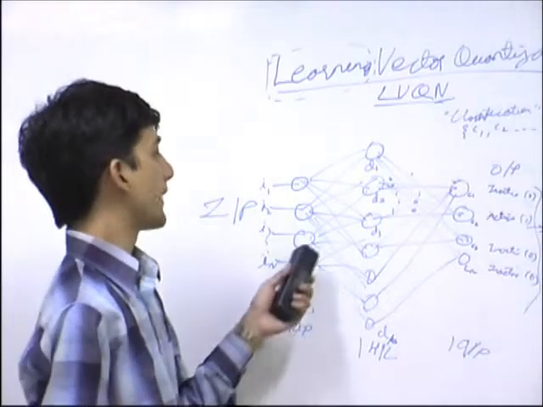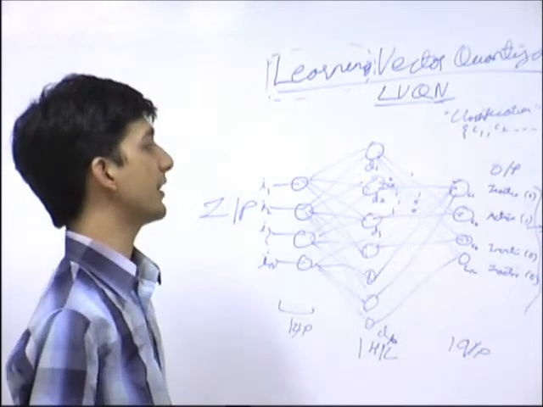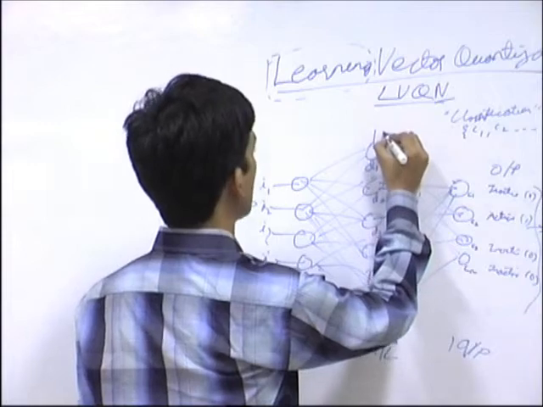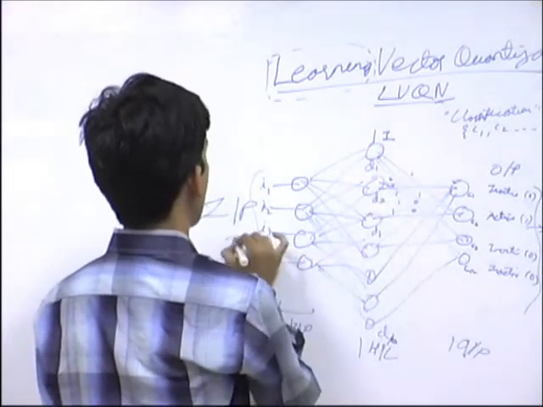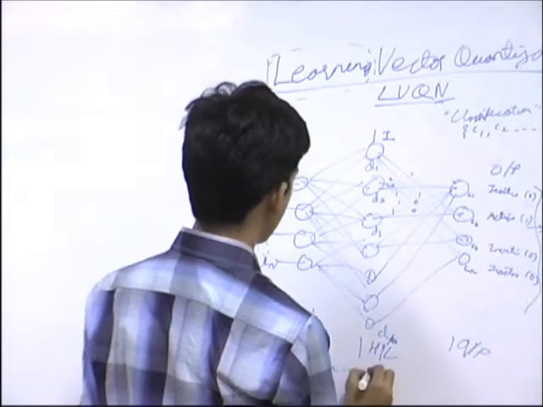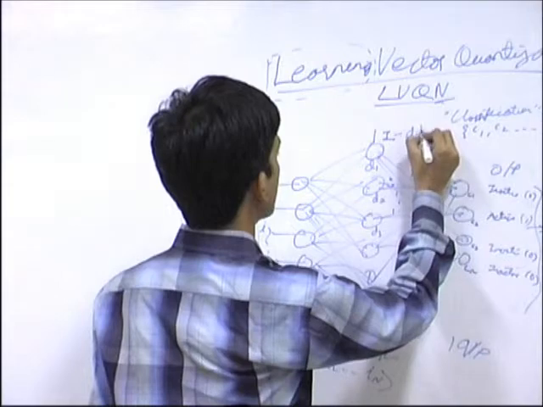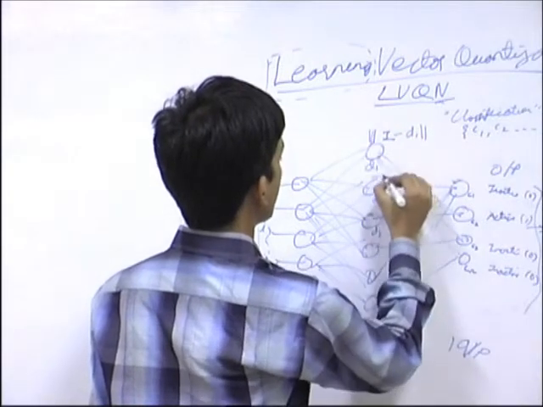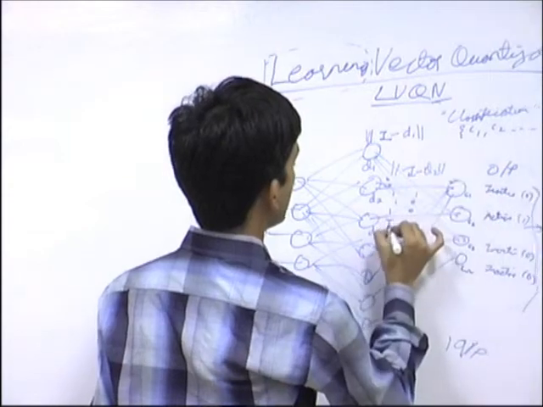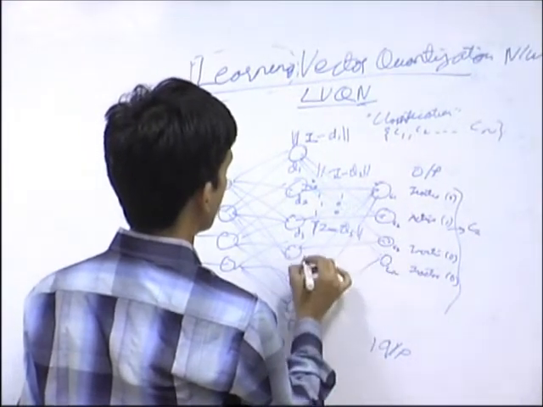For the information gathering, they would behave exactly similar to the radial basis function network, where every Di calculates the norm of the applied input, say I, where I is nothing but I1, I2 up till In, with itself. So this will be I minus D1, this will be I minus D2, this will be I minus D3, and so on.